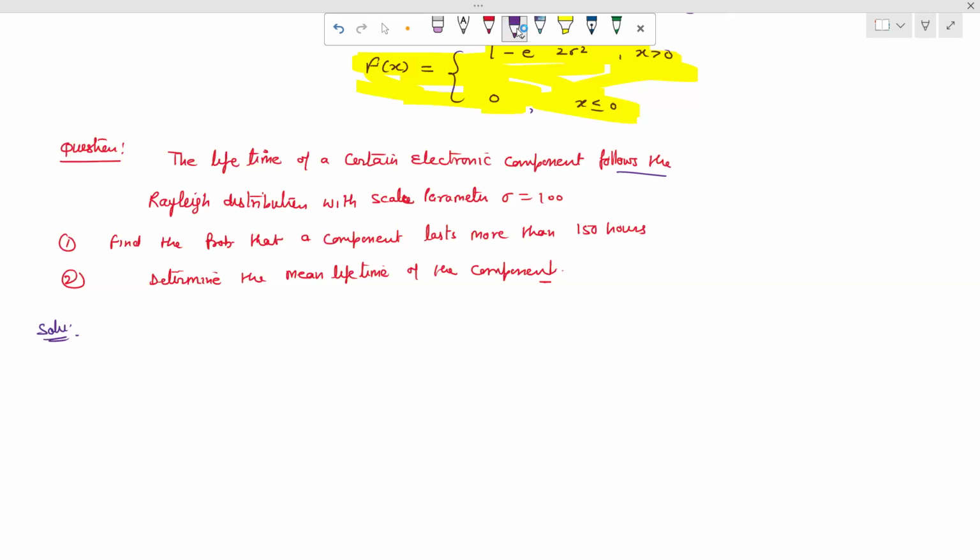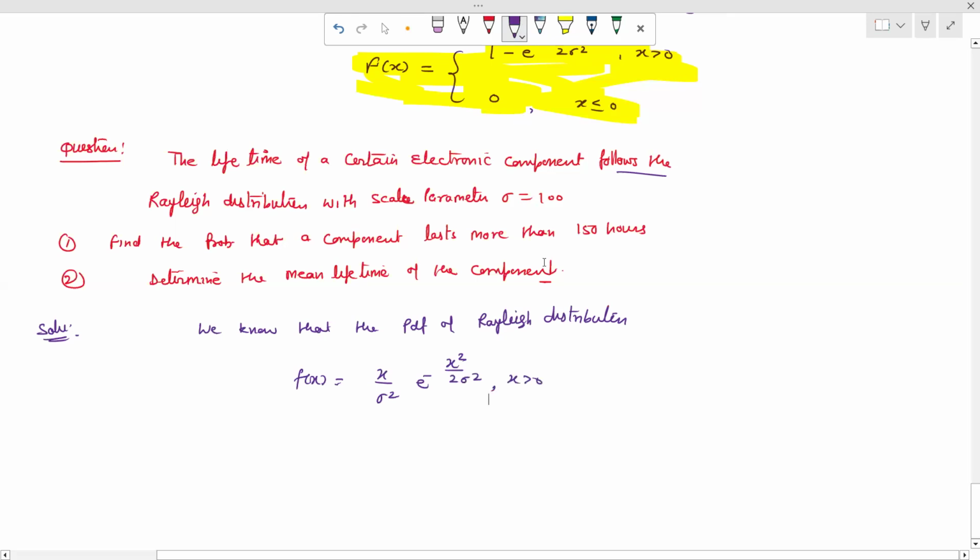We know that the PDF of Rayleigh distribution is f(x) equal to x upon sigma square e raised to the power minus x square upon 2 sigma square when x is greater than 0.